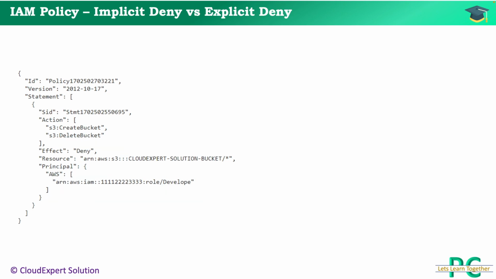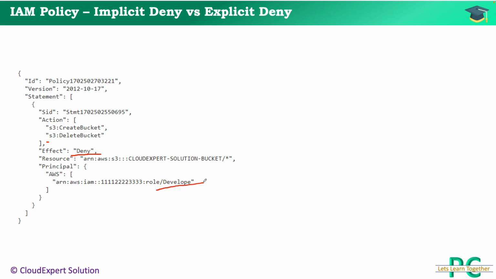Now let's try to understand the explicit deny. Compared to the previous example, here again I have two tasks in the action, create bucket and delete bucket. However, in the effect statement, I have deny instead of allow. That means I am explicitly mentioning that create bucket and delete bucket is not allowed for the developer.